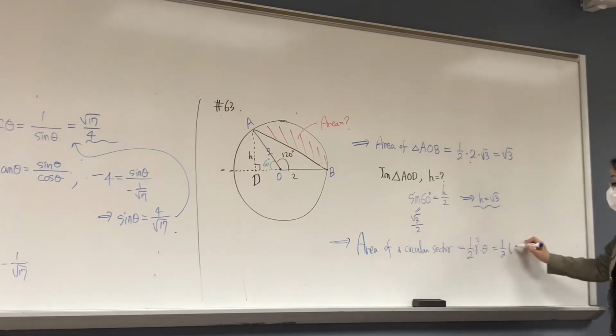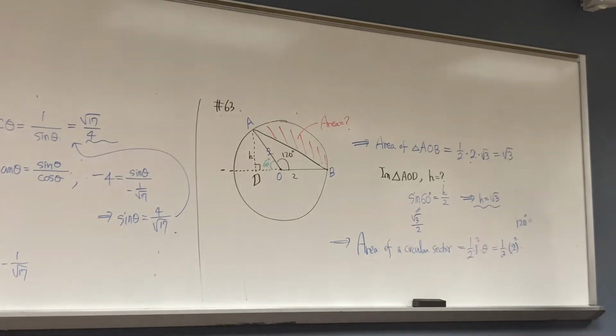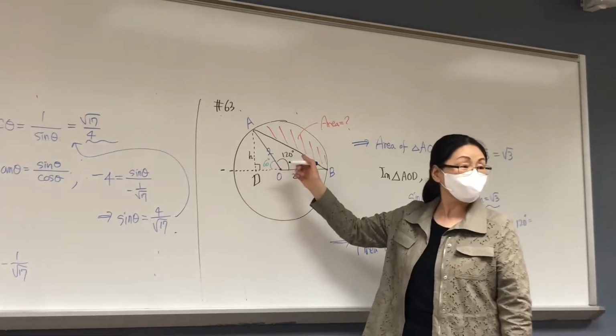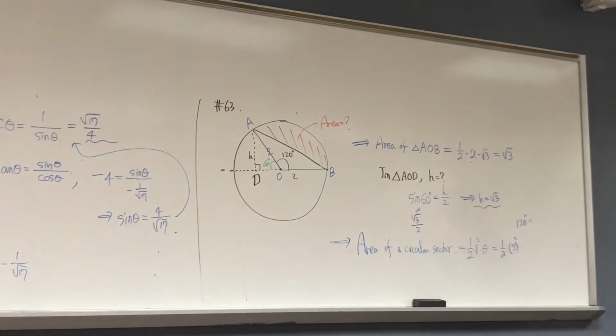What is the angle? 120, but I cannot use 120. 120 degrees is what in radians? 2 pi over 3. Good. Why? Because this is pi over 3, right? So this one should be 2 pi over 3. Pi minus pi over 3 is 2 pi over 3. Good job.